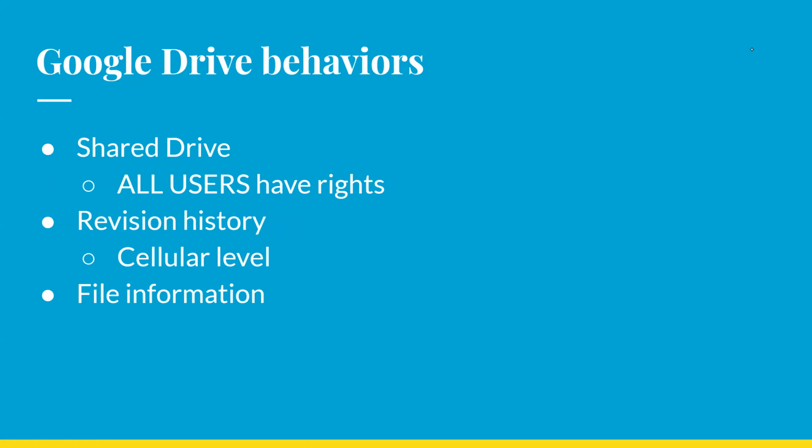When you're in a shared drive, I'm pounding this home because it's really important that people get that all users have rights to anything you put in the shared drive. If they have rights to the drive, they have rights to everything that's in there. The good news is that Google's really good about tracking revision history. Anytime somebody makes a change to a document or opens a document, it documents it.